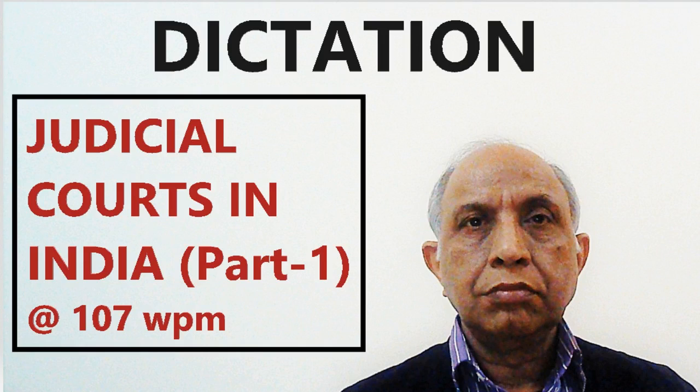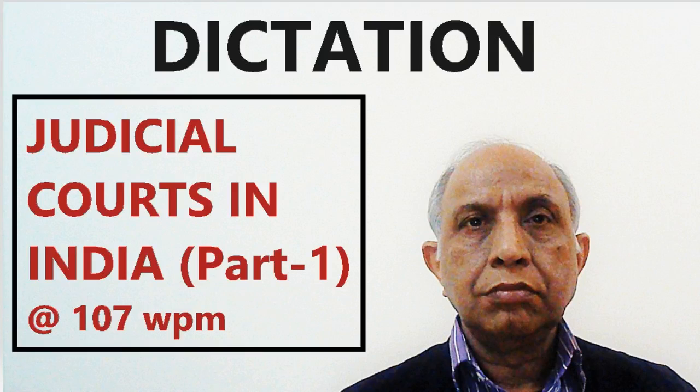The additional district judge and the court presided have equivalent jurisdiction as the district judge and his district court. The district judge is also called Metropolitan Session Judge when he is presiding over a district court in a city which is designated metropolitan area by the state government.